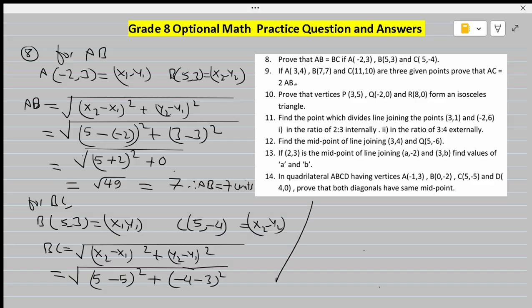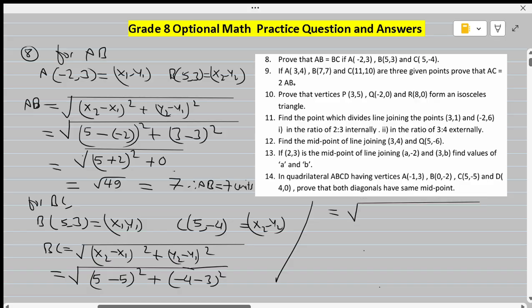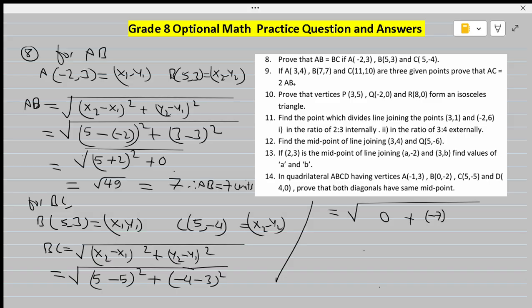So 5 minus 5 is 0, 0 squared is 0, and -4 minus 3 is -7. Then -7 squared is positive 49, because minus into minus takes plus. So we got 7 units. BC is also equal to 7 units.